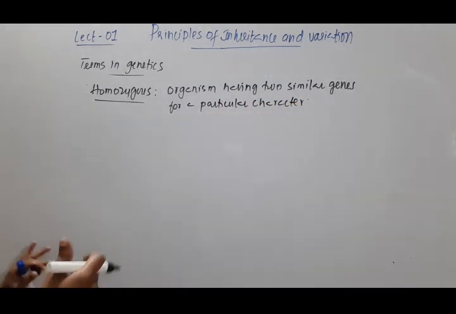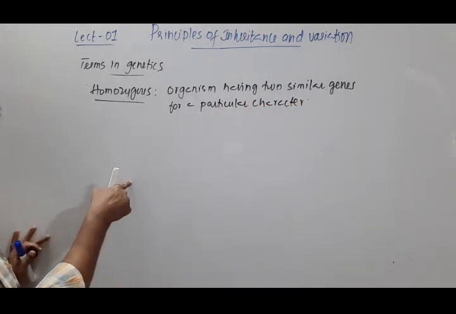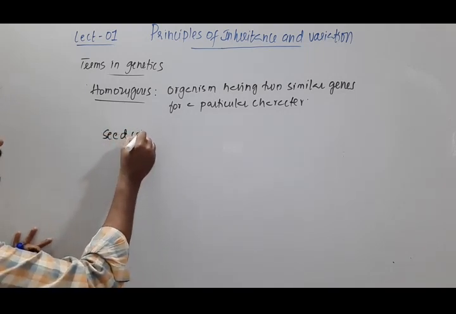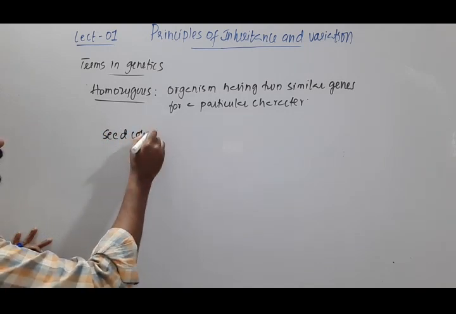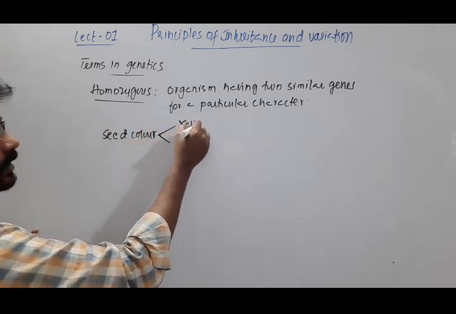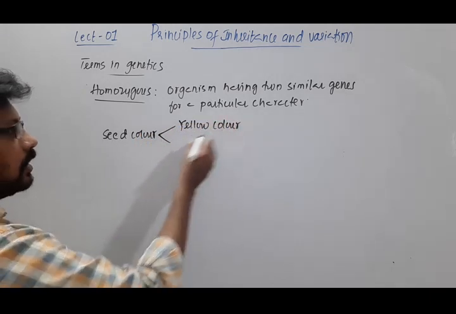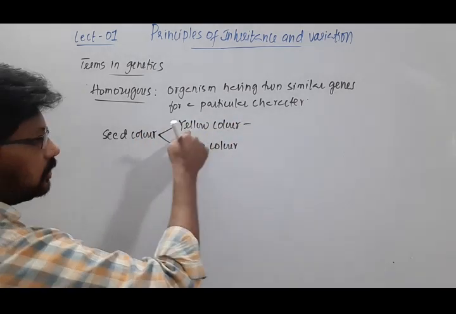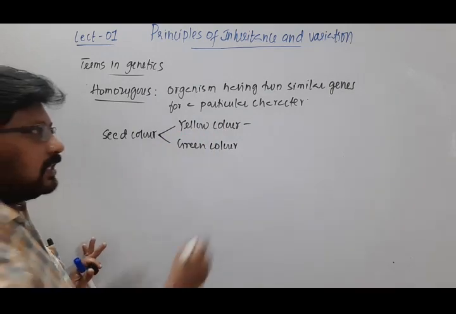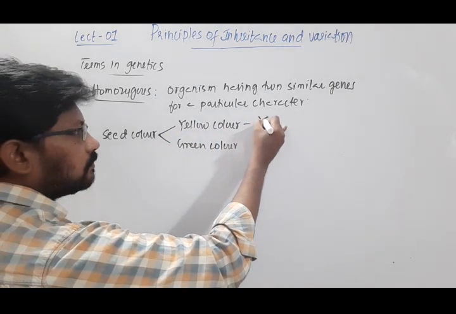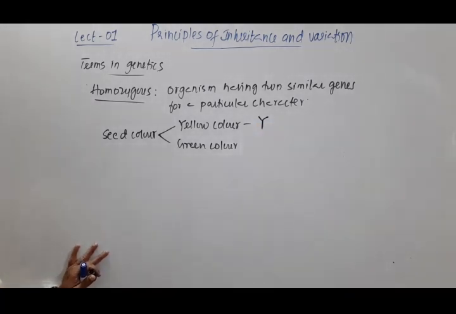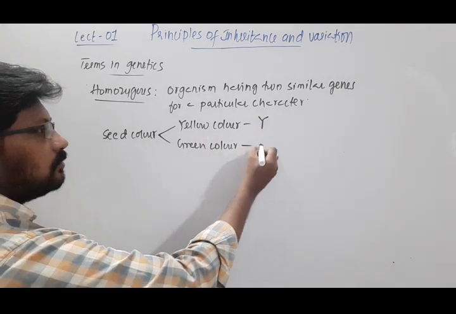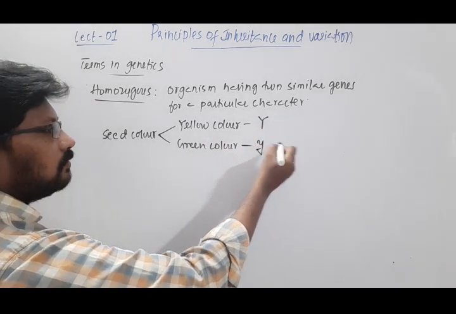Okay, so we will take the same seed color. Just now I mentioned it in the case of allele. In the case of seed color, I told you there is a yellow color and a green color. Now I'm going to mention this yellow color with the capital Y, and this green color with the small y.